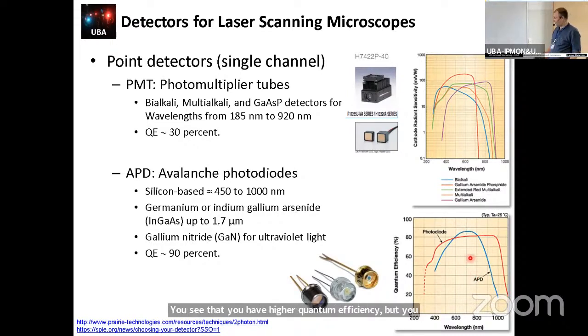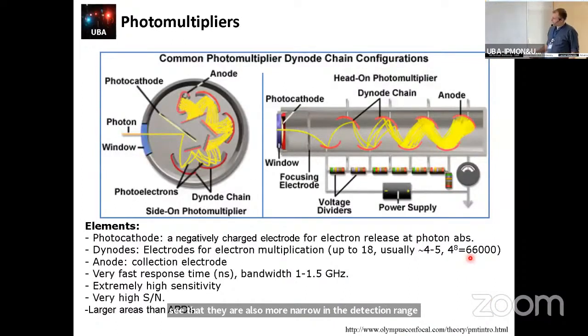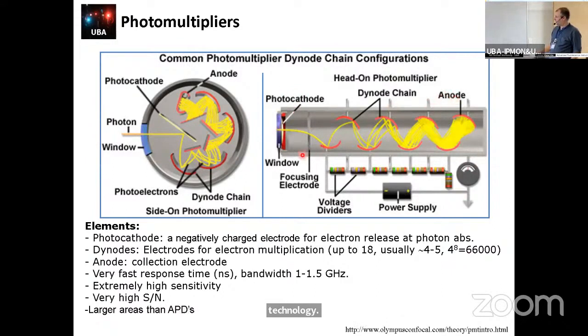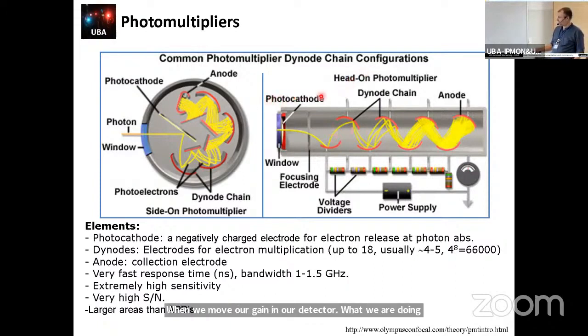So just to understand a little bit about the technology, well, we have a cathode and we have an anode, and then we have diodes. And when we change the gain in our detector, what we are doing is changing the potential that we put between cathode and anode, and then there are some electronics to make a gradient of different potential between the different diodes.